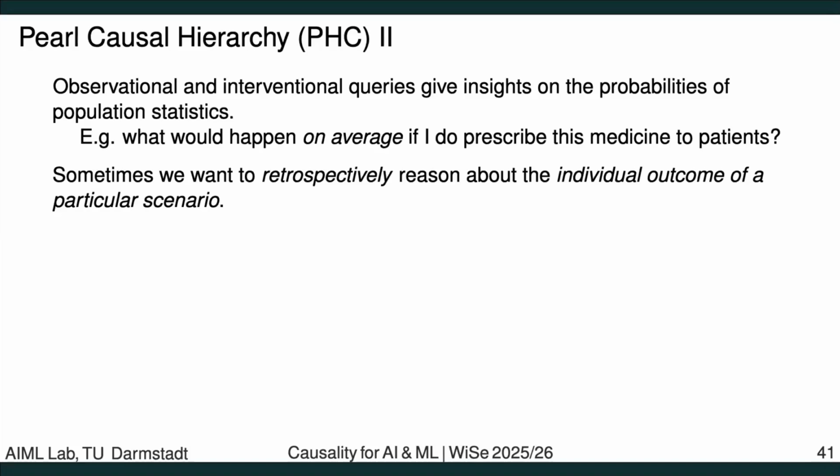But sometimes, and some people argue at least, that what makes humans or other animals also intelligent could be the ability to retrospectively reason about individual outcomes or a particular scenario.